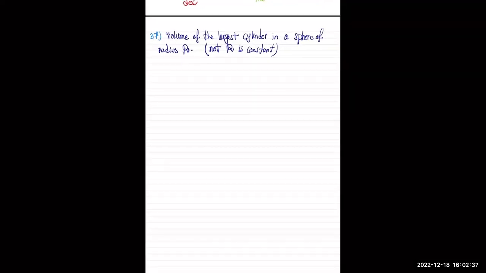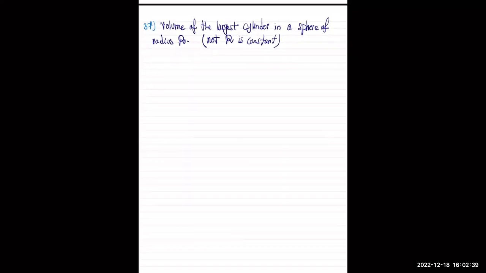Okay, so we definitely want to draw a picture here. The constraint is the sphere. You can't go beyond the sphere, guys.